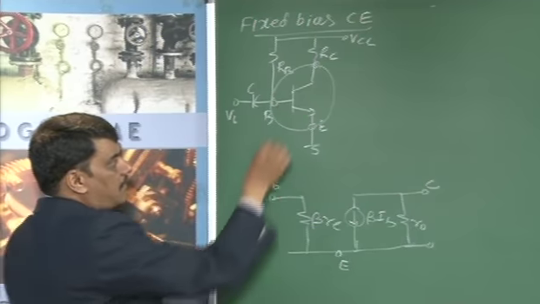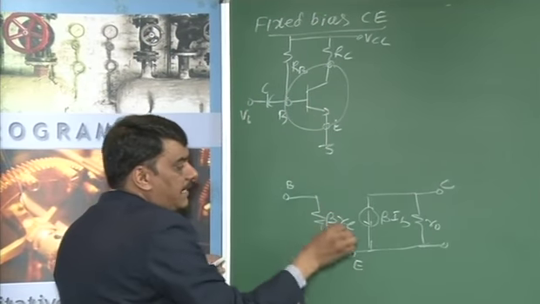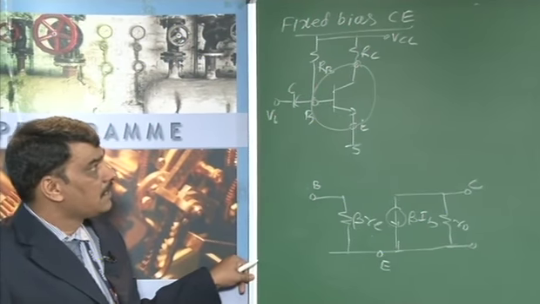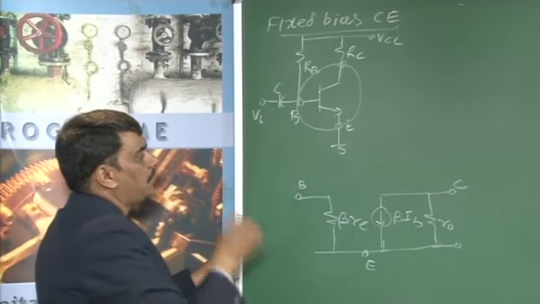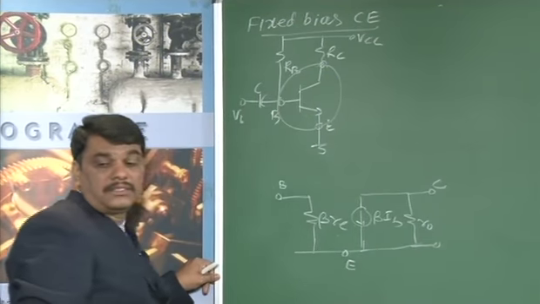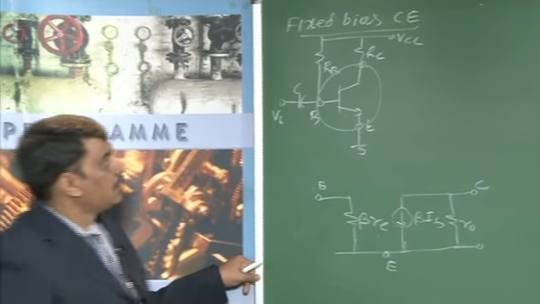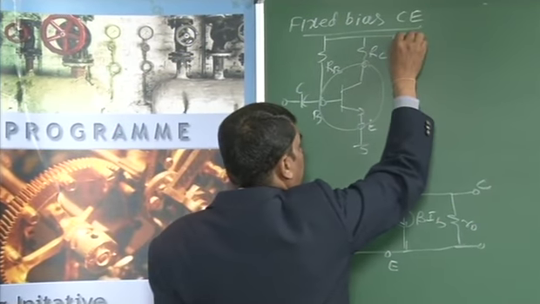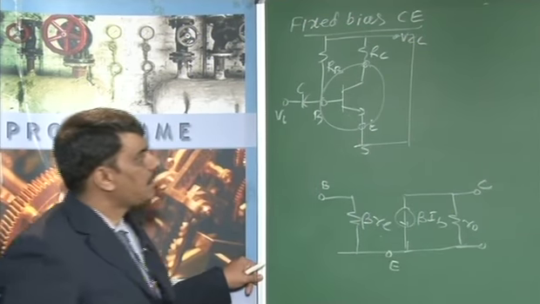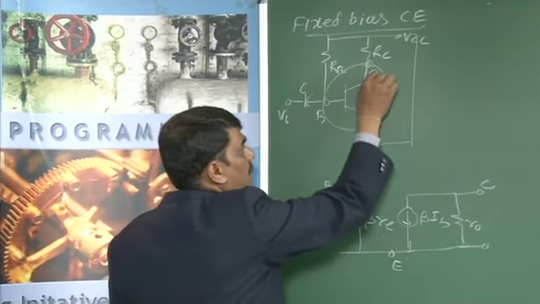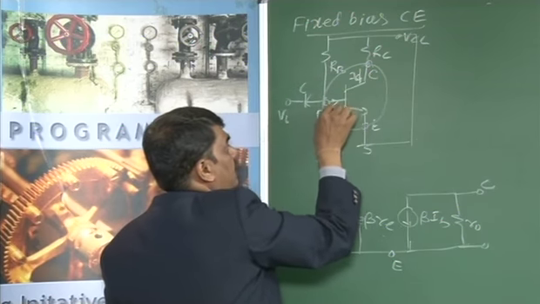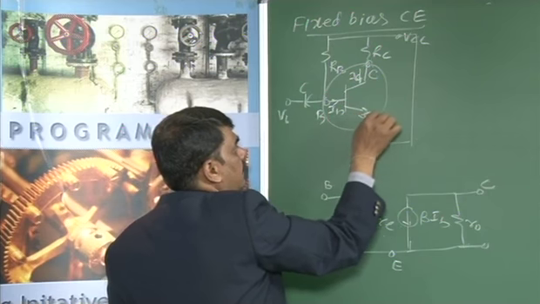Next you have to transfer the circuit elements by setting VCC to ground. Then the current flowing through is your IC, this is IB, and this is IE.